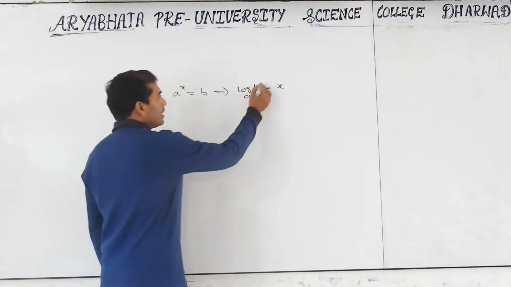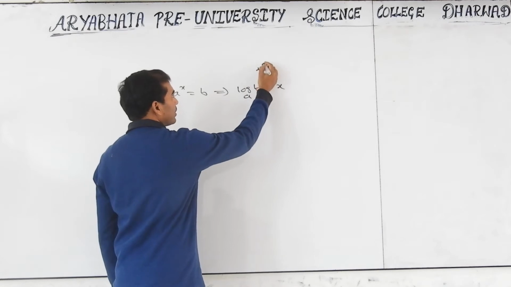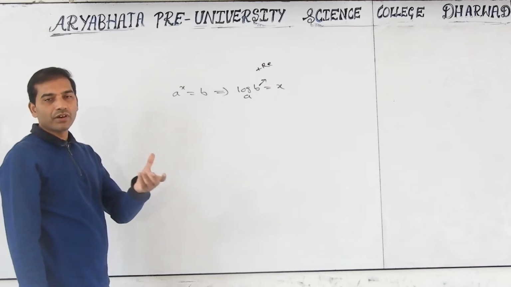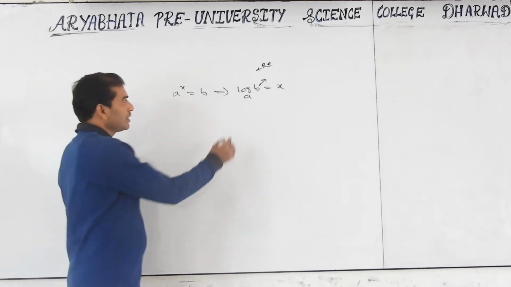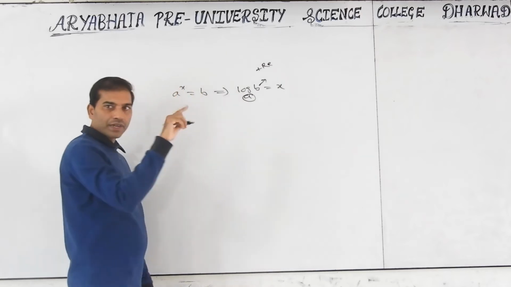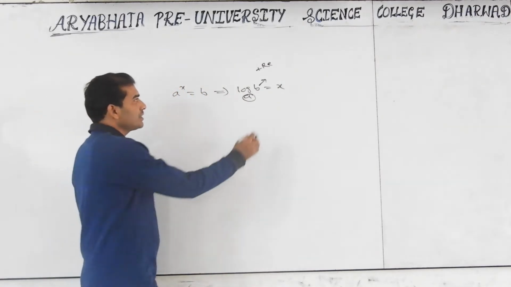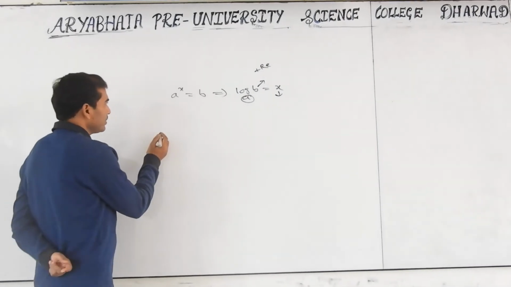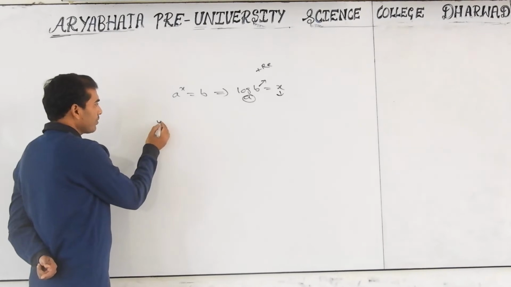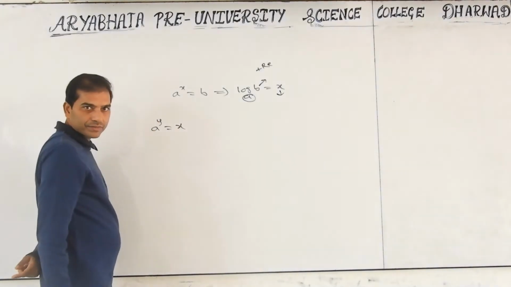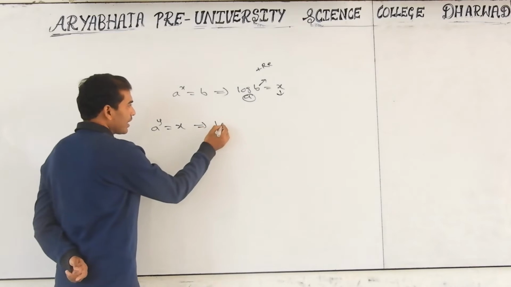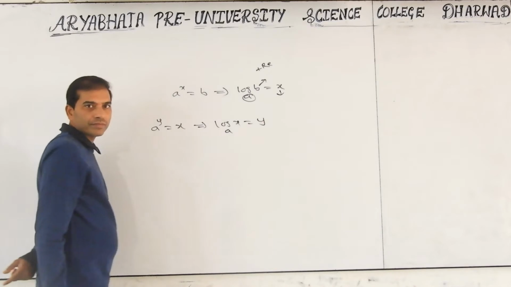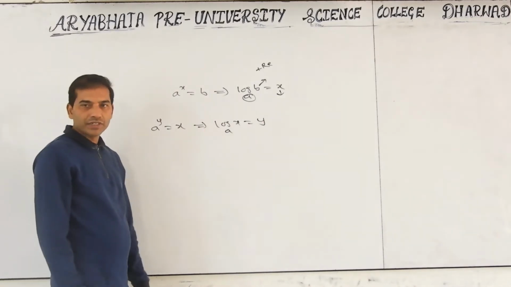Here b is always a positive real number. Log of b is defined for positive b, which means the domain of log is the positive real numbers. The base a is not equal to 1, a is greater than 0, and it is a real number. So for the logarithmic function, let a power y equal x, then logarithm of x to the base a equal to y is called the logarithmic function.